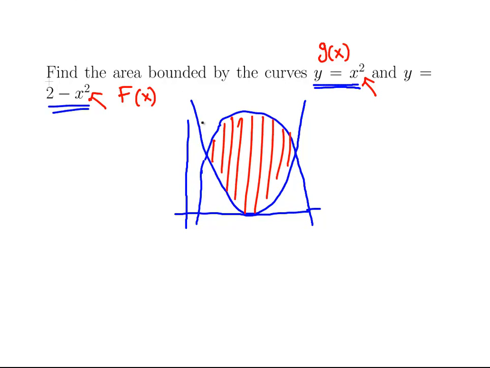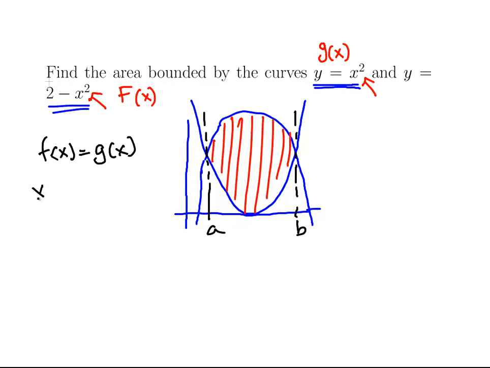What we have to do here is compute the upper and lower bound of the definite integral, that is, what is a and what is b: the x values of both points of intersection. So what we do is set f of x equal to g of x.